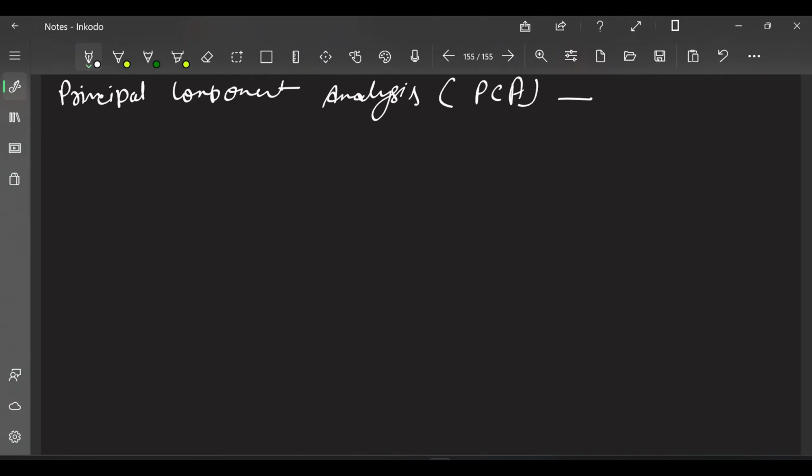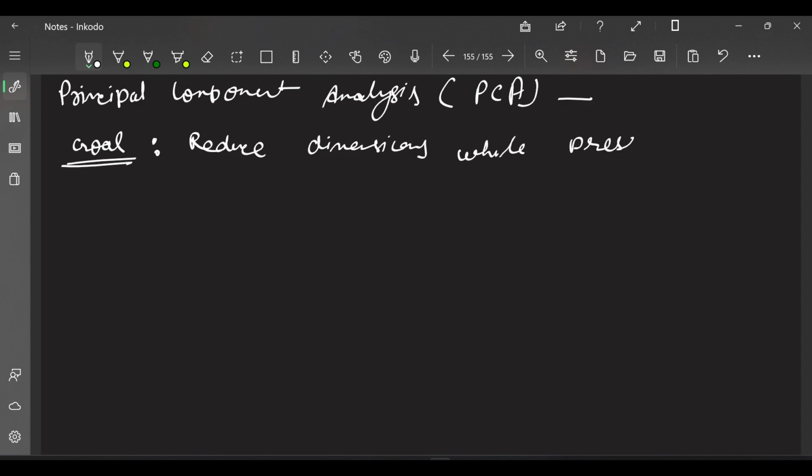So the goal is to reduce dimension while preserving maximum variance.